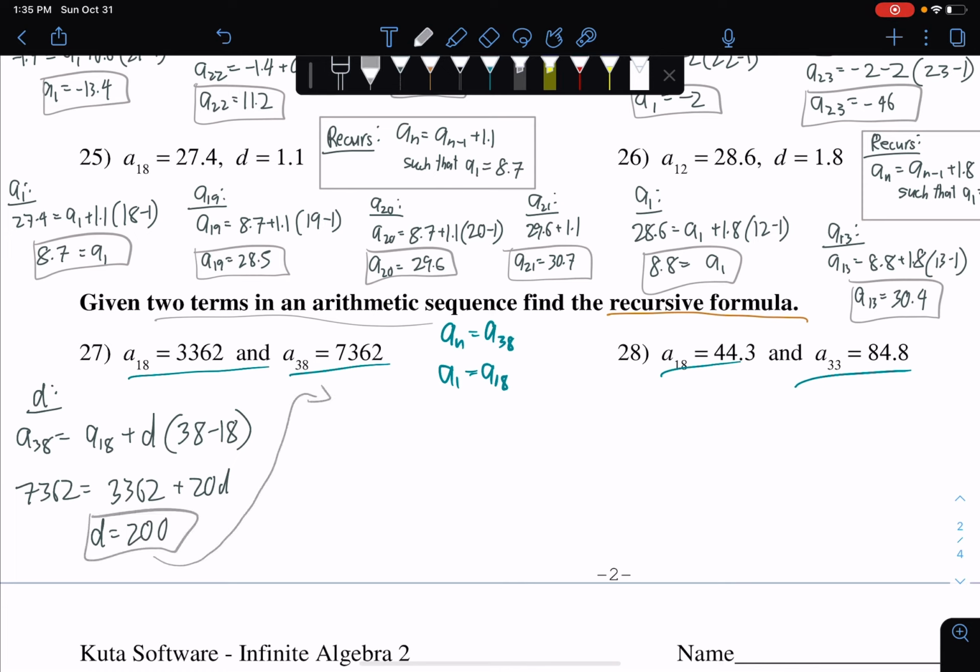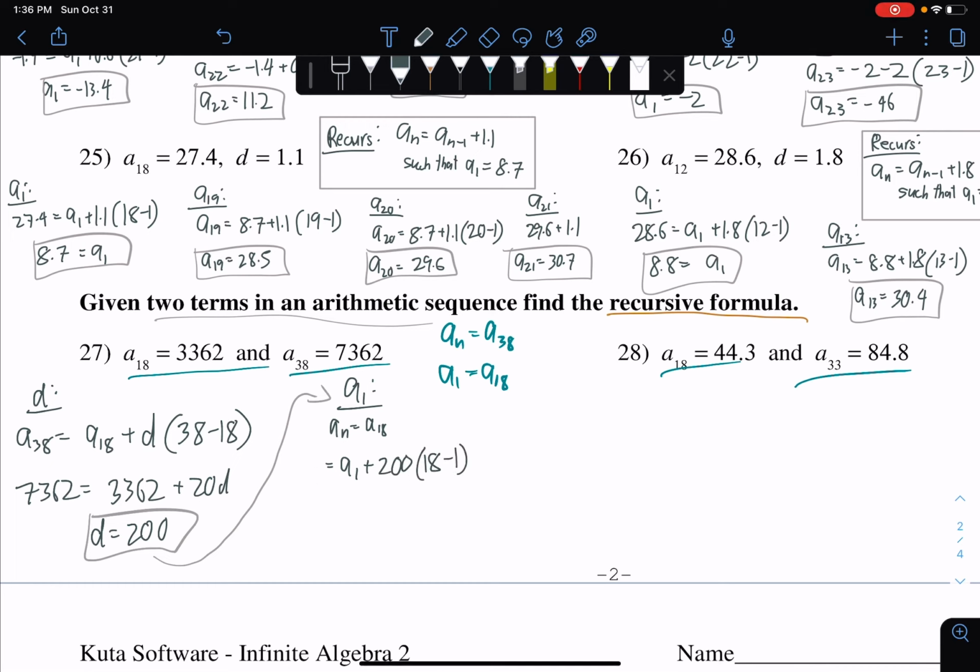Now, we know what our common difference is, but we don't know what our a sub 1 is. We can't find the recursive formula without a sub 1. So let's now assume that a sub n is equal to a sub 18. So a sub 18 is equal to a sub 1, which we don't know, plus 200 times the quantity 18 minus 1.